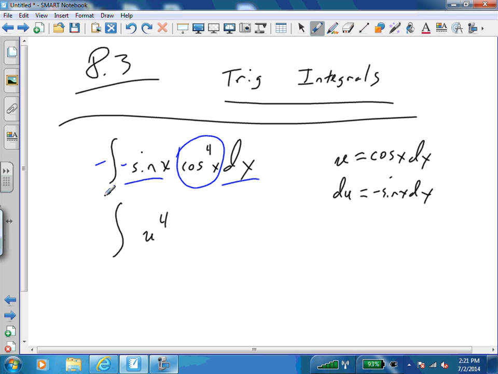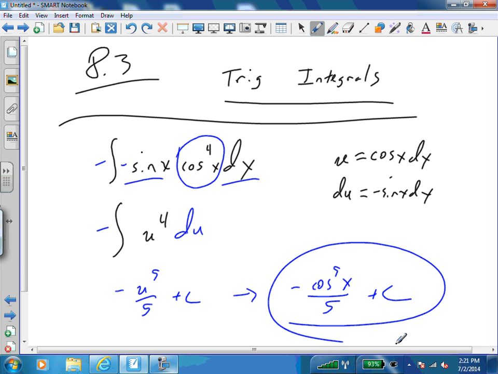Put one there and one there. Negative sine x dx, that's du. What's that integrated into? In terms of cosines, u is cosine, so that'd be cosine to the fifth x over 5.